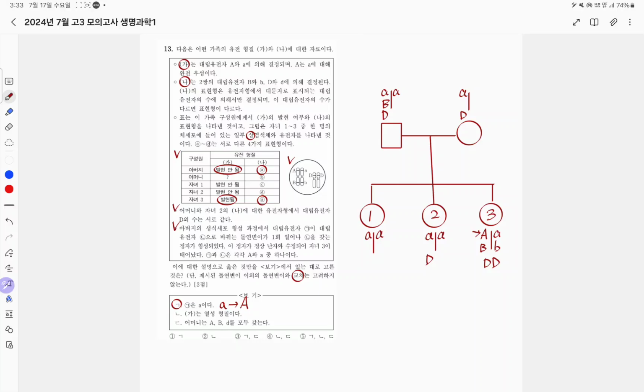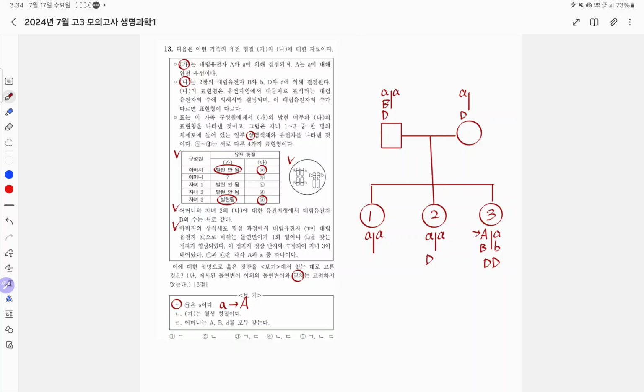If father has 3 capital B and Ds and mother has 4, it's not possible for child number 1 or 2 to have only 1 or 2 capital B and Ds. That means mother does not have 4 capital B and Ds.